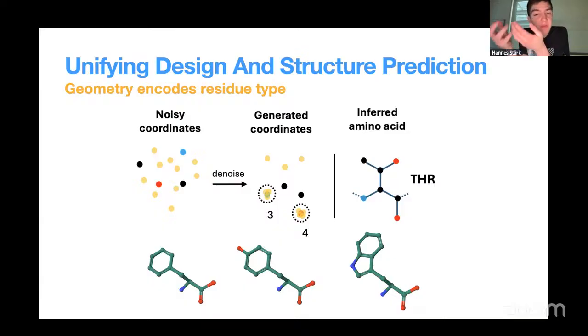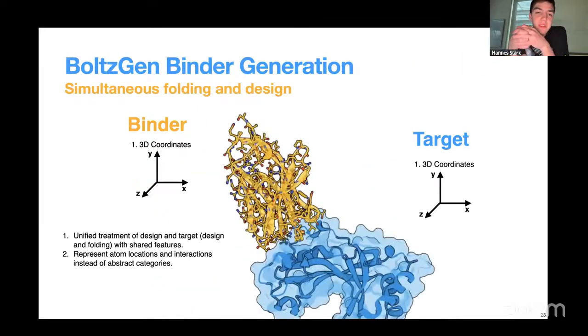And if the model carries the belief during denoising that there should be this aromatic ring here, we can still modify this, because maybe it should be an aromatic ring without this additional oxygen, and we want to have the phenylalanine on the left. And yes, we're reasoning about these atoms explicitly. This also means that we're only generating 3D coordinates for the binder and 3D coordinates for the target. And this is very nice, because then we can just have one unified model for both structure prediction and binder design.